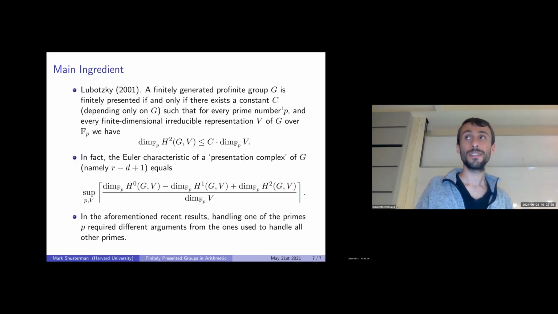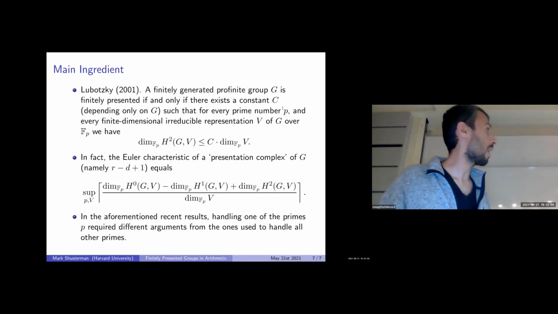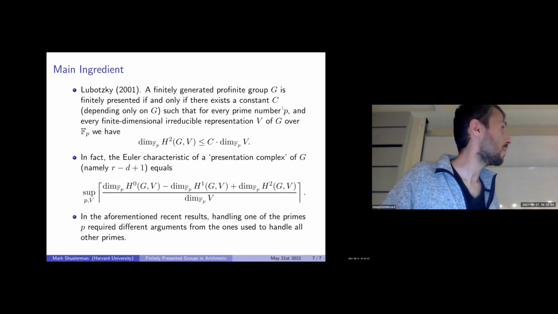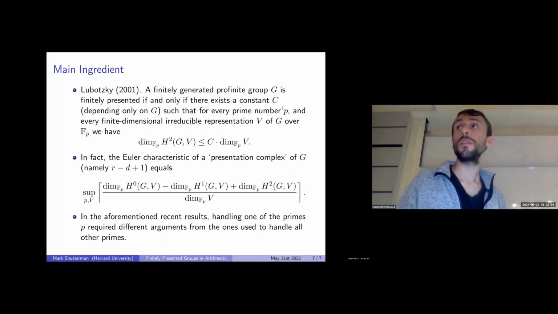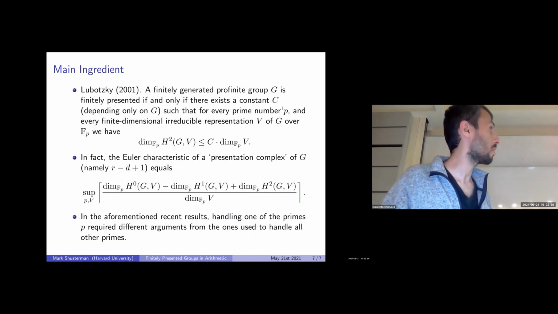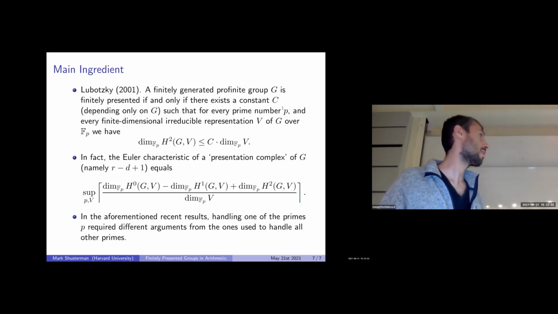These bounds that you're proving, do you need to know something about the representation theory of G? Unfortunately not. It turns out you're able to get away without really knowing which V can appear. In all those results, the maximum, if I remember correctly, was attained by one of the simplest, maybe the trivial representation or something.